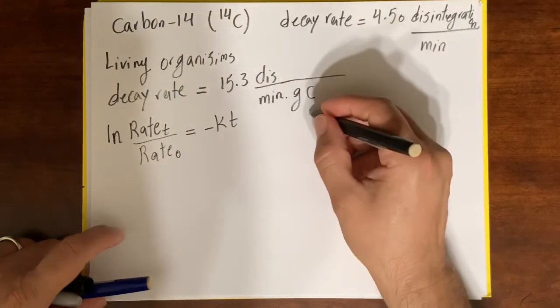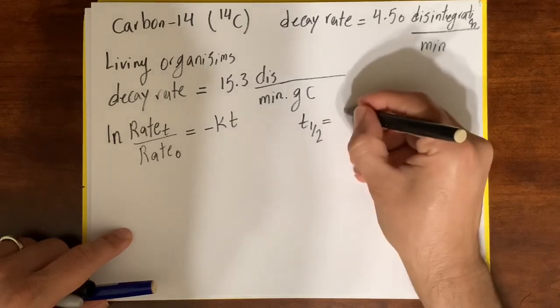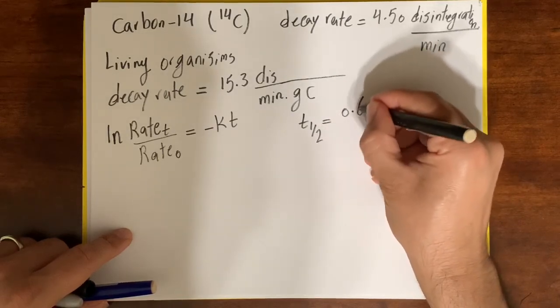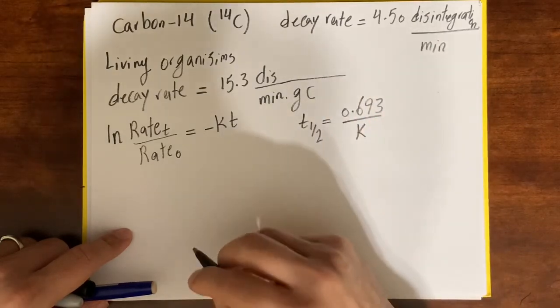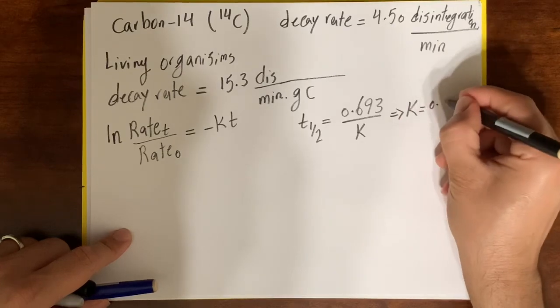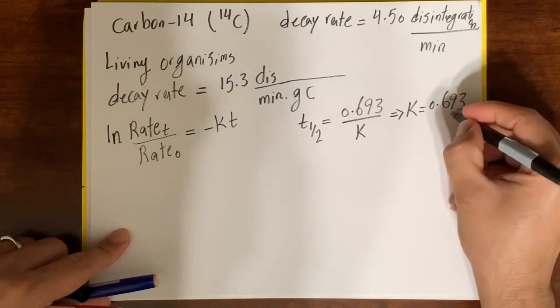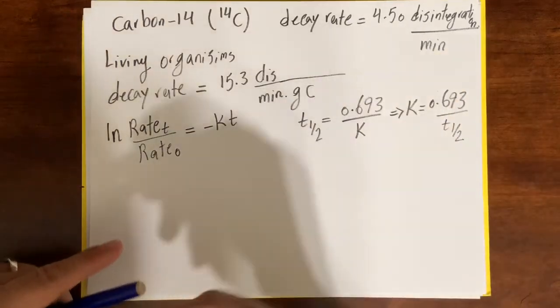Okay. The way you find K, you say T half-life is equal to 0.693 divided by K. So K is going to be equal to 0.693 divided by T half-life. Okay.